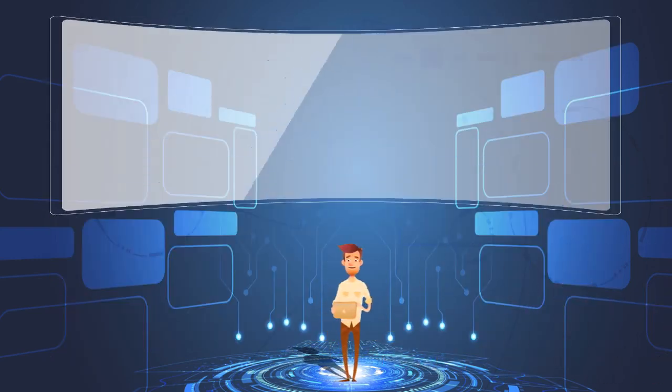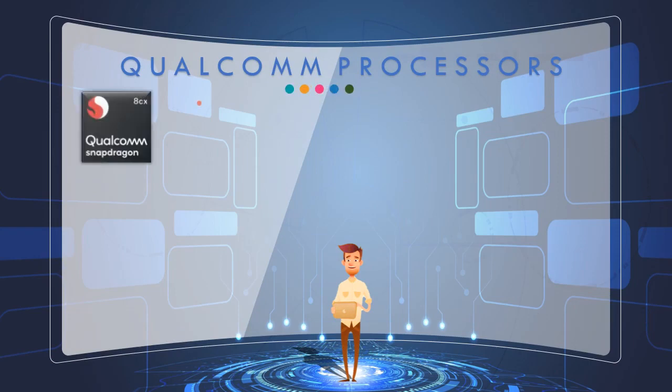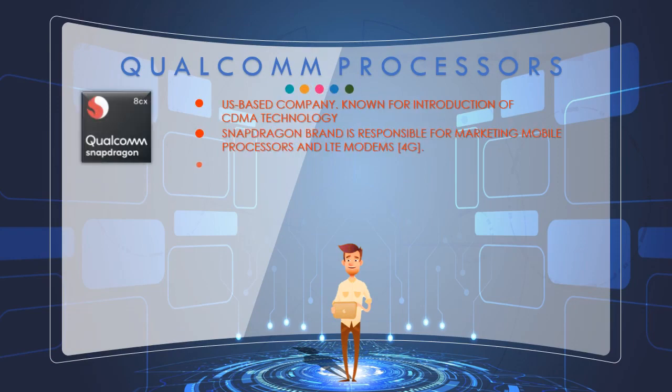The next one we are going to see is Qualcomm processors. Qualcomm is a US-based company known for the introduction of CDMA technology. It is the first company that provided processors or necessary equipment for the CDMA technology. Snapdragon is the brand for producing and marketing these processors under the Qualcomm company.